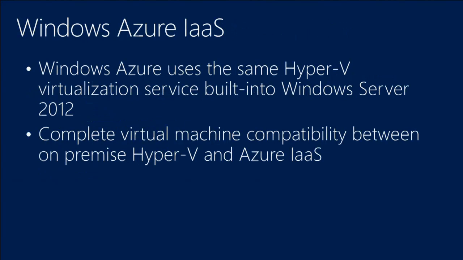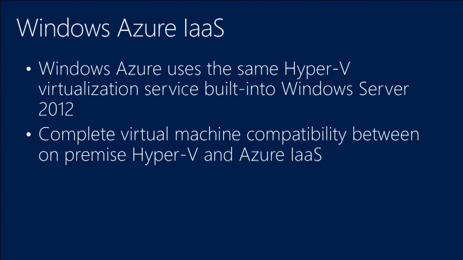But the other thing I'd like to mention, and this is something I'm really proud of, which we announced about a month ago now, is that right now, today, Windows Azure is running on Windows Server 2012. This has been something we've been working towards for a while now. You may or may not have been aware of this.